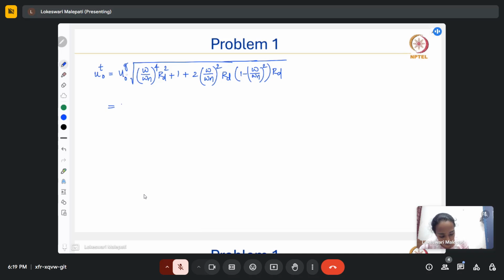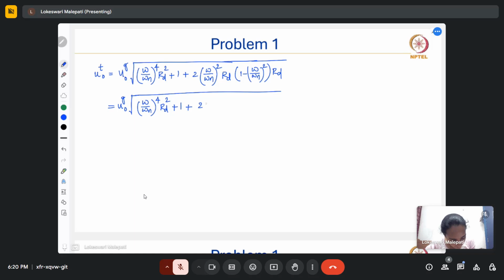So this is equal to, so let's keep the term on the right hand side. So ug naught square root of omega by omega n whole power 4 RD square plus 1 plus 2 omega by omega n whole square and 1 minus omega by omega n whole squared and RD square.